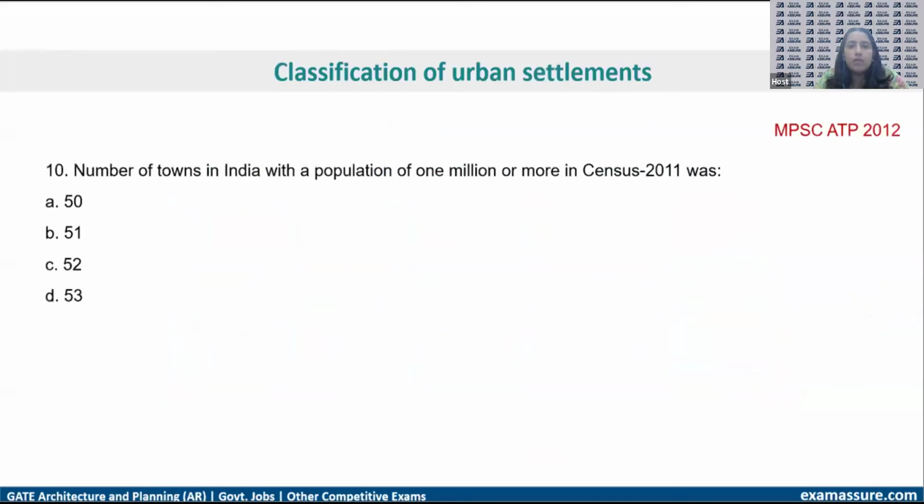Okay, let's try a few questions from the previous year papers. You all can put your answers in the chat box. The number of towns in India with a population of 1 million or more as per census 2011 was 53, right?